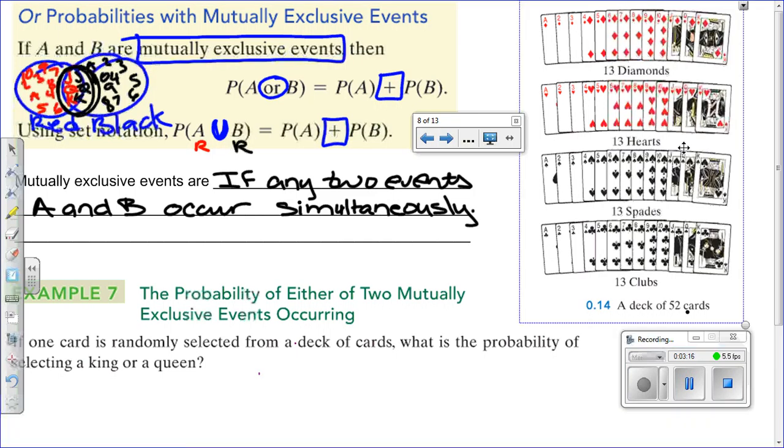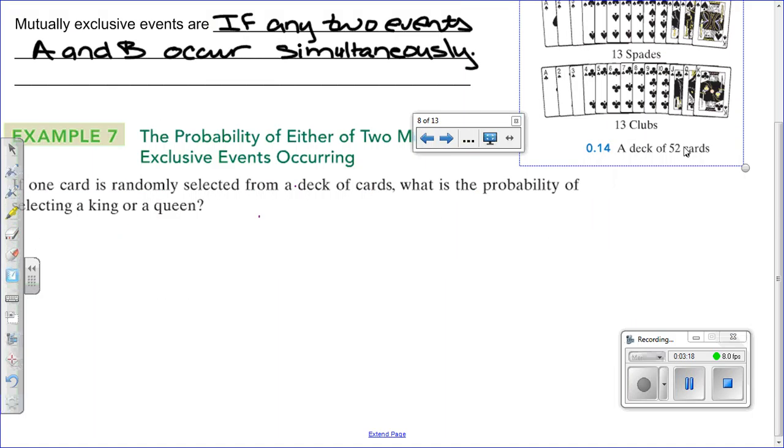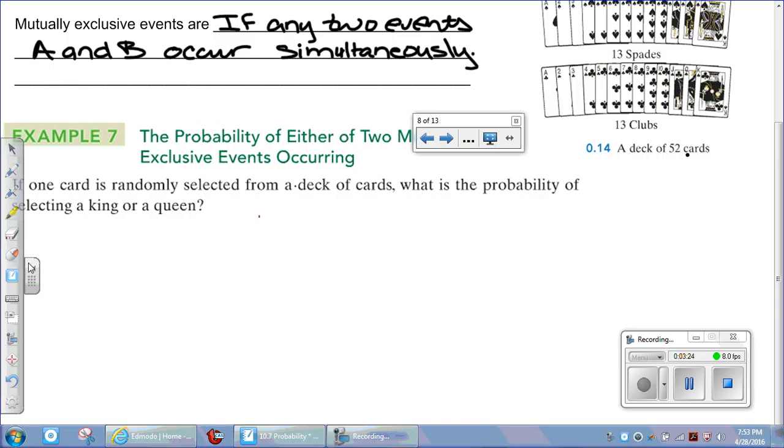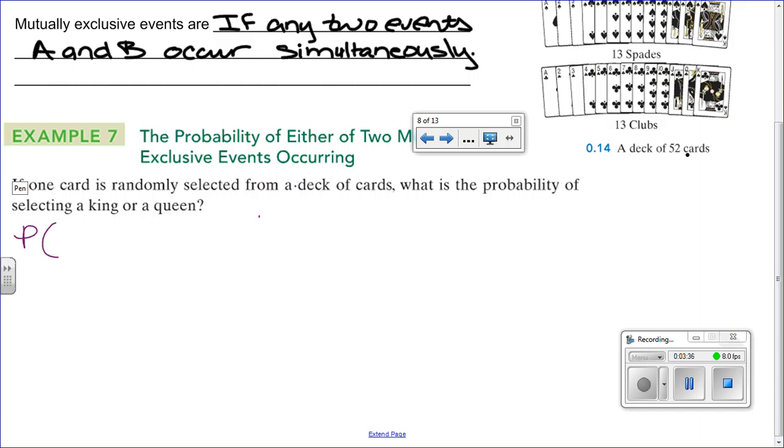So let's see. If one card is randomly selected from a deck of cards, what is the probability of selecting a king or a queen? So we're talking about the following. What is the probability of getting a king or a queen?